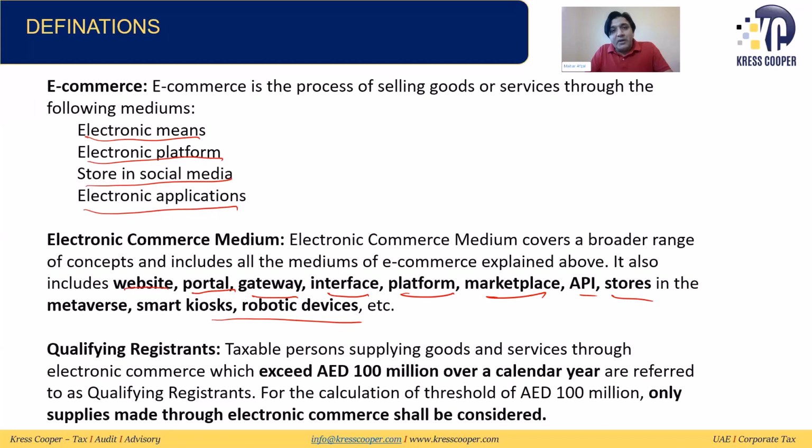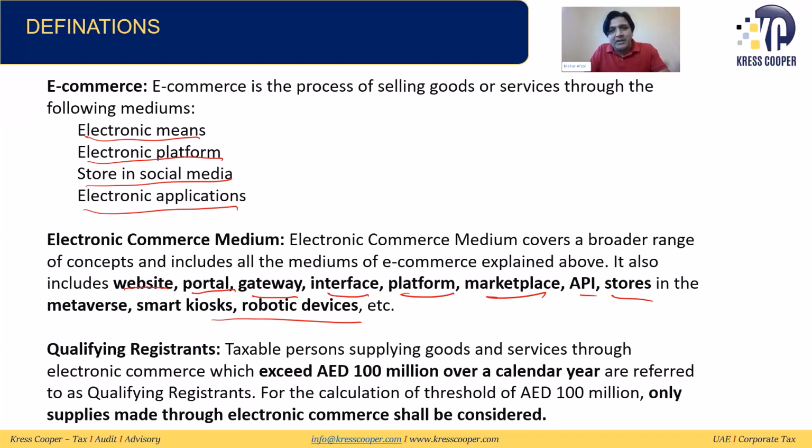The law has used the term qualifying registrant in the public clarification, not in the law itself. As we have already discussed, if the taxable person is making supply through the electronic medium, the e-commerce medium, and the value of the supply is more than 100 million, the person is called a qualifying registrant, and the reporting requirement for a qualifying registrant is different, as we've already discussed in detail.